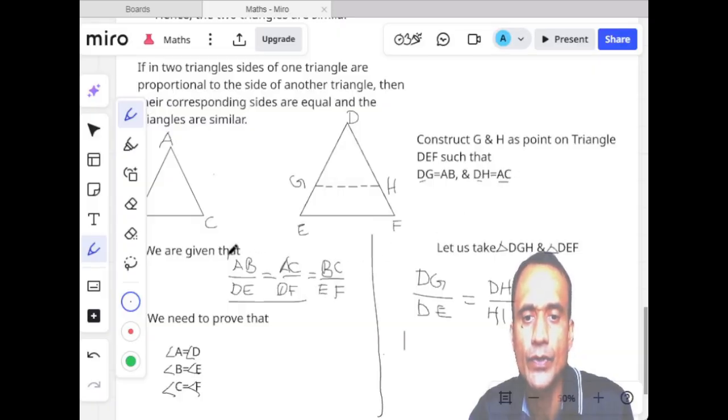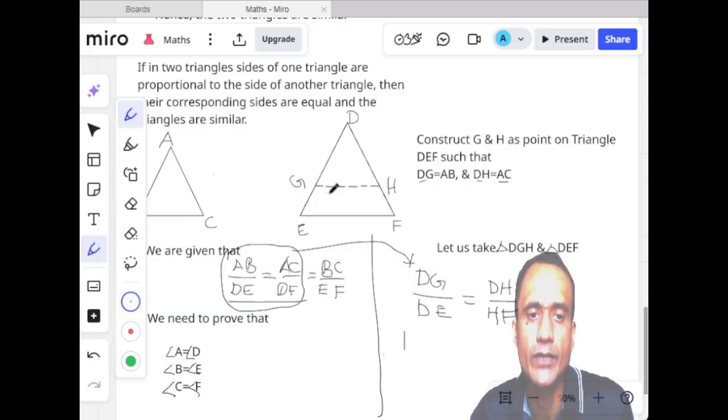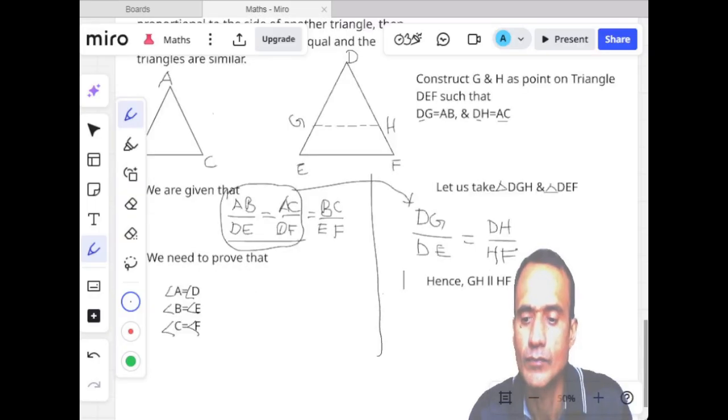So from these two we get this equality: DG by DE is equal to DH by DF. So the points G and H divide DE and DF in the same ratio. Hence, GH is parallel to EF.